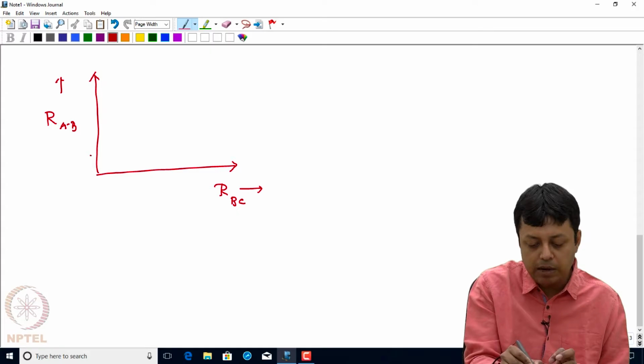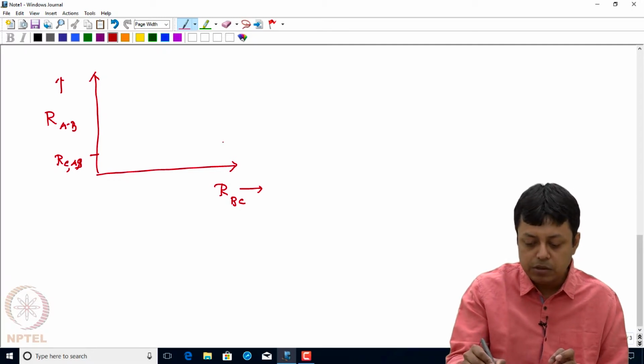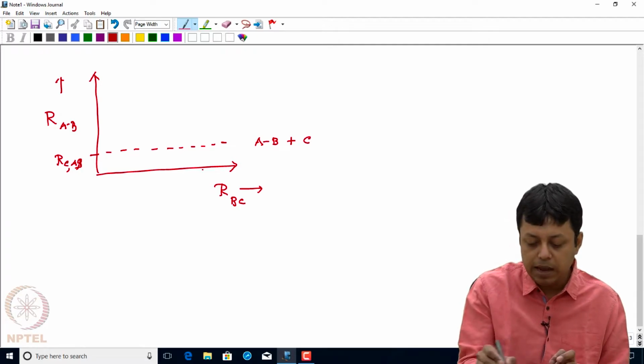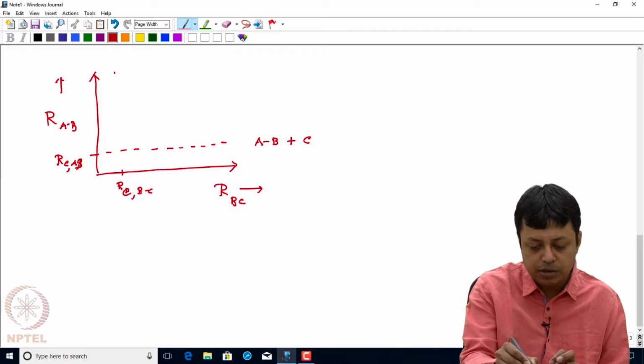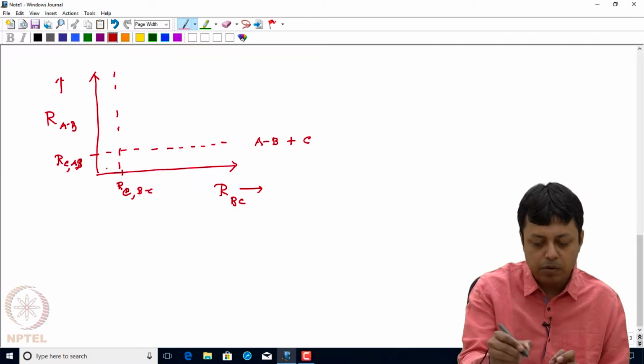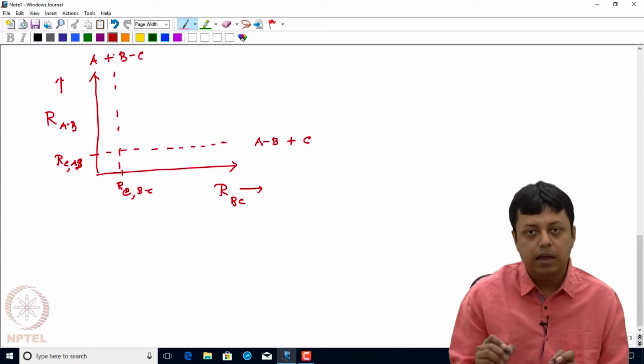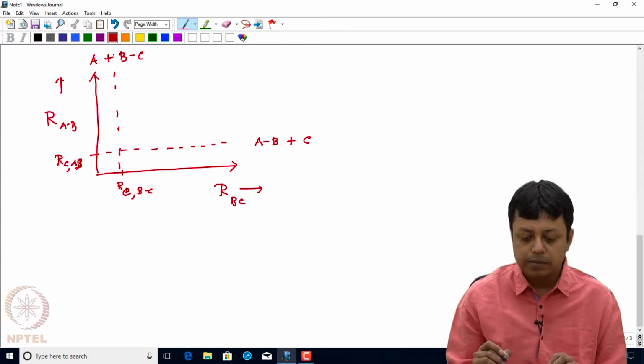So around here, when the AB distance has the equilibrium bond length for AB, this position corresponds to basically a stable AB molecule plus a C attacking. Similarly, along BC, if this is the equilibrium distance, R equilibrium for the BC bond, this position denotes somewhere where I have the BC molecule plus the A atom.